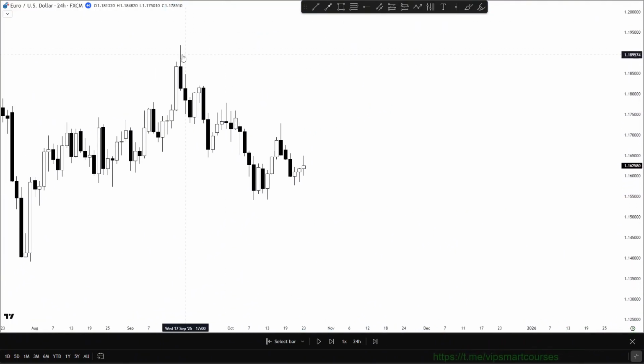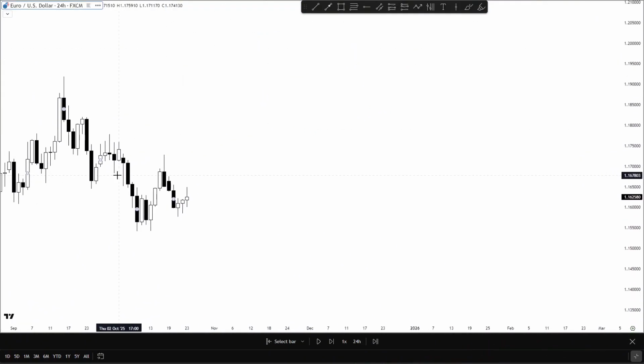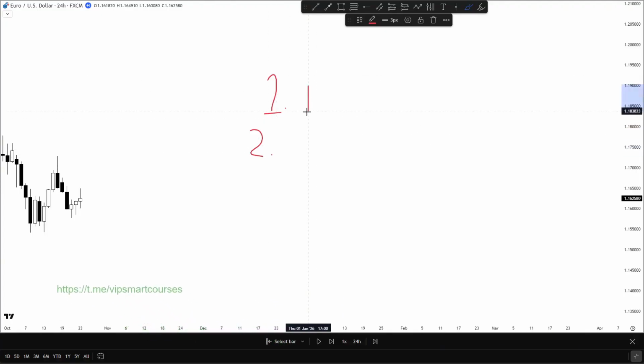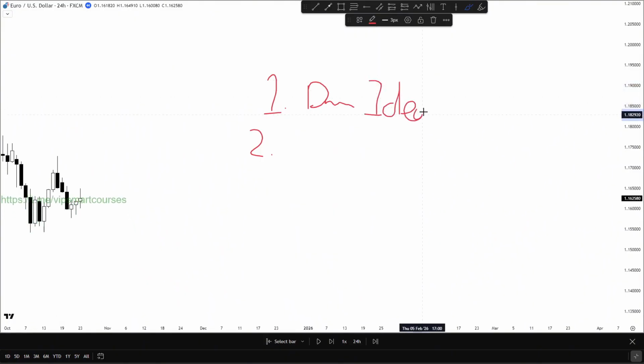First of all, if you've watched chapter 2, then you'd know that we have two steps or components for determining a directional bias. The first step is determining, or building, a directional idea through the concepts within the structure component.